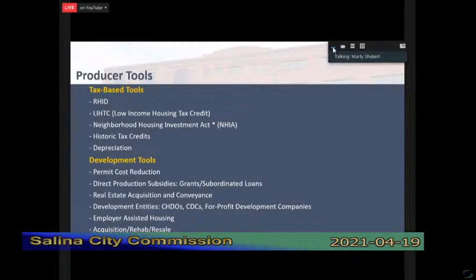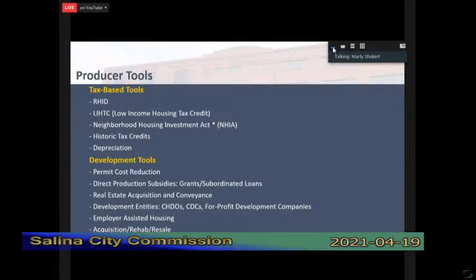That provides for certain kinds of equity investors who have passive tax losses a significant tax credit to restore or rehabilitate or adaptively reuse National Register eligible properties following the Secretary of the Interior's rehabilitation standards. But it's a good program for existing units. And then there is, of course, the ever popular depreciation, which is generally available to everybody. So those are all the tax-based tools I could think of offhand.